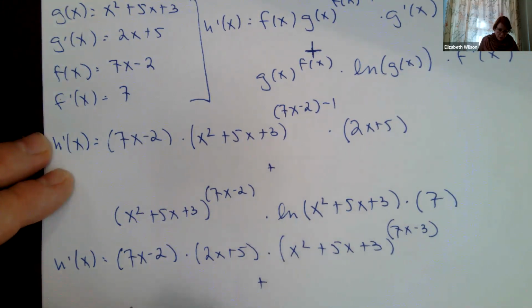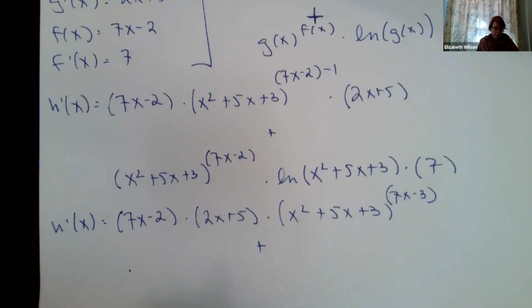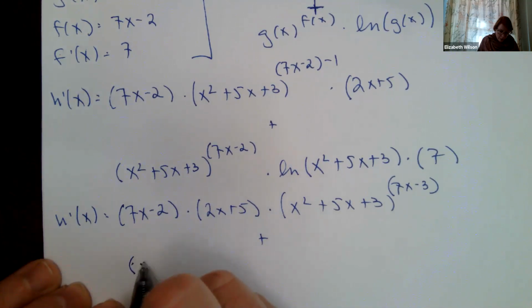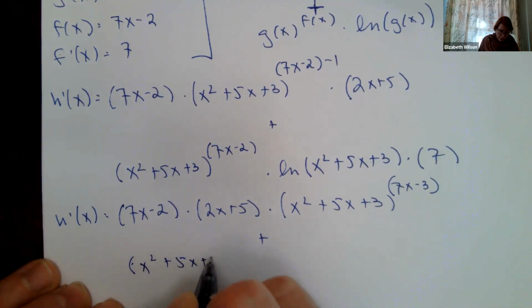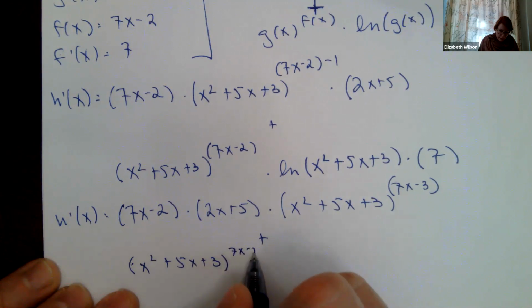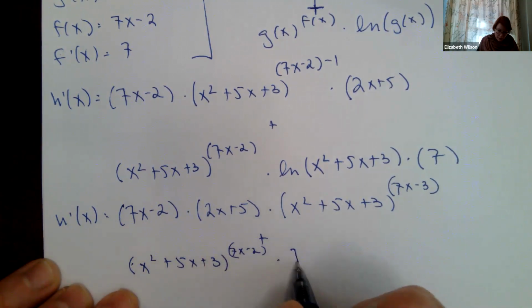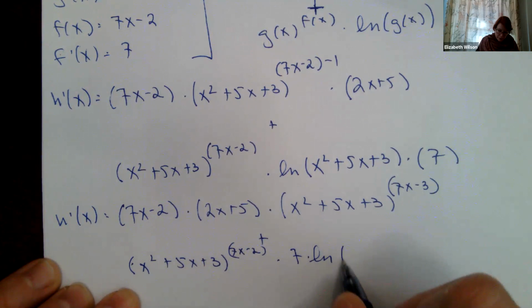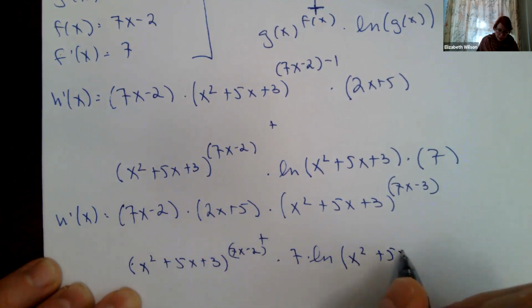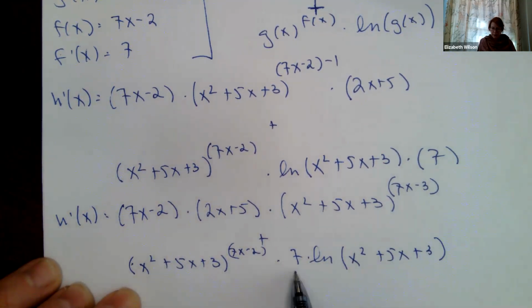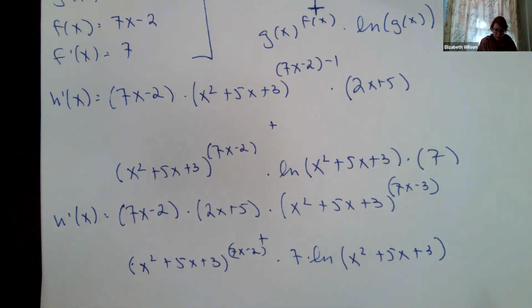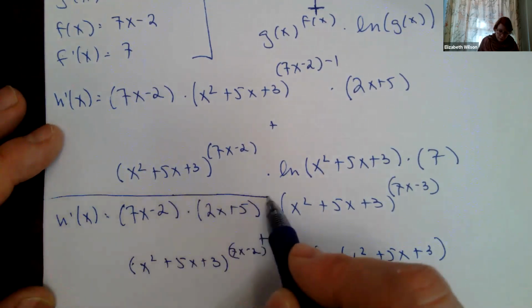So it's going to look like x squared plus 5x plus 3 raised to the 7x minus 2 power, times 7 natural log of x squared plus 5x plus 3. We put it out front here so we don't get confused thinking it's part of our natural log. But then that's it.